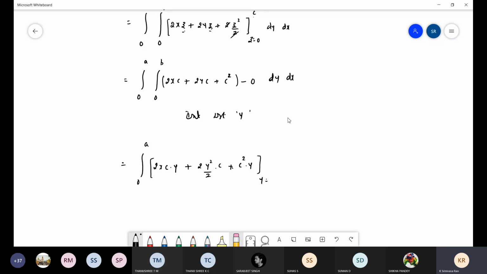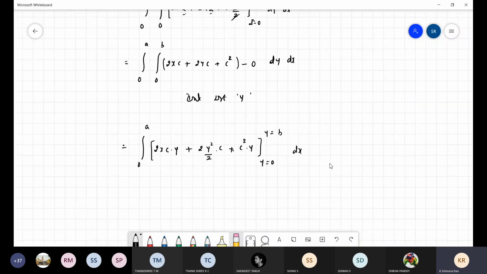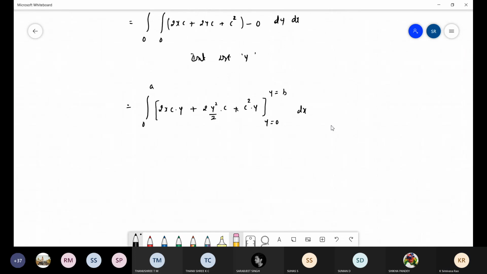I have to substitute the limits y equals 0 and y equals b, and I will write dx as it is. Now that becomes, for the upper limit, 2x c into b, that is 2xbc, plus, with the 2s cancelled, b square c, plus b into c square. This is the upper limit and the lower limit is 0, minus 0, into dx.